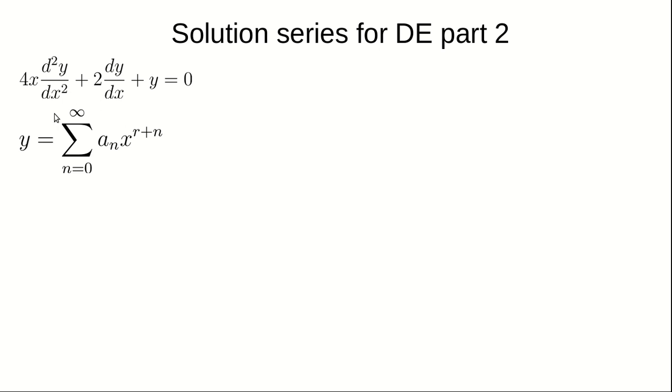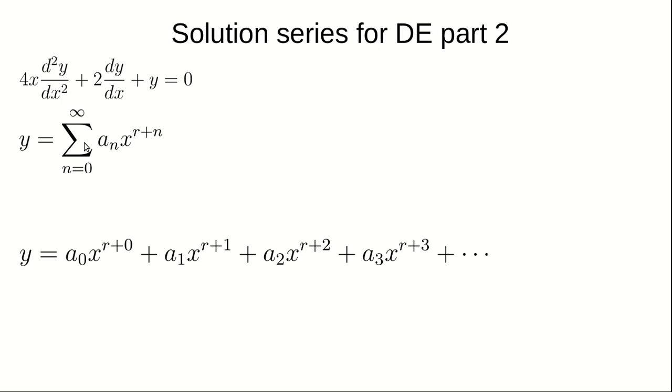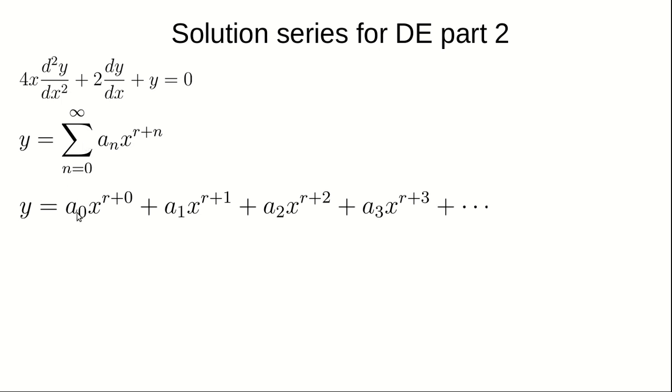As usual, the expansion of this expression is a naught x to the r, then n when it is 0, when it is 1, when it is 2, and when it is 3, down to infinity. Once we know a naught, a subscript 1, a subscript 2, a subscript 3, and also the value of r, then we are done.